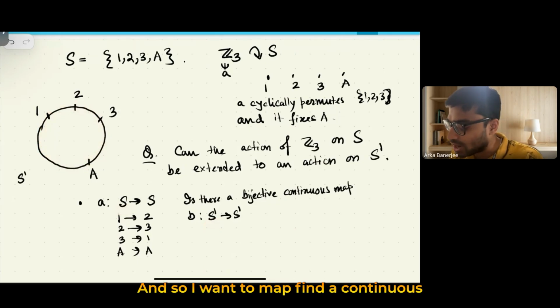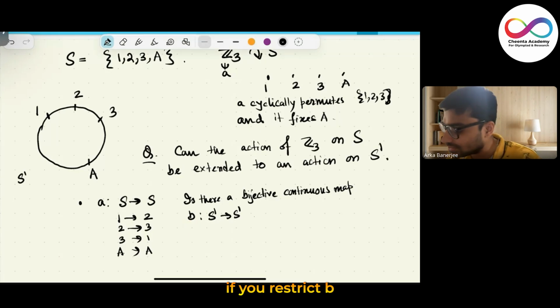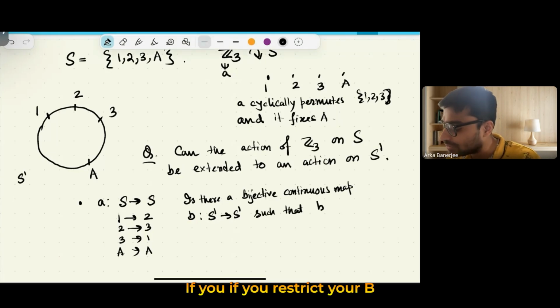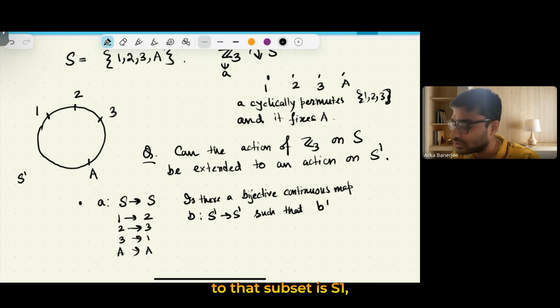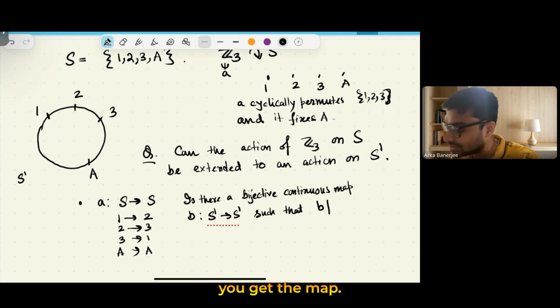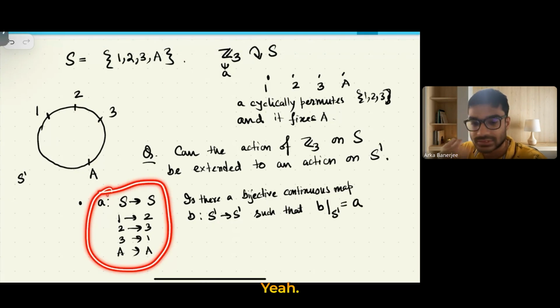So I want to find a continuous bijection map from S1 to S1 such that if you restrict B to that subset S, you get the map A. Okay, so that's what this question is asking.